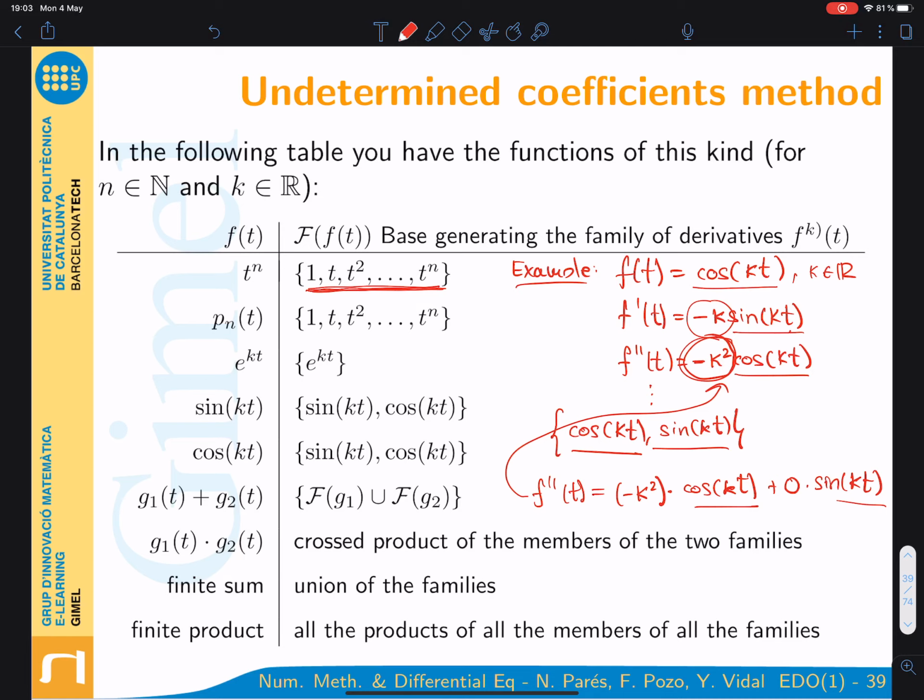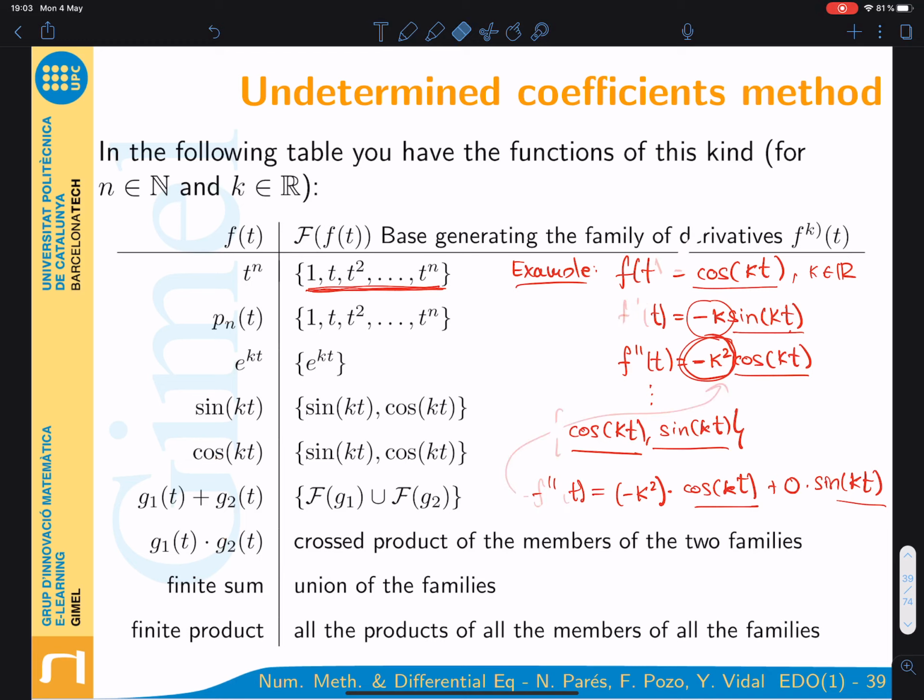Now, the only functions that have a finite family of derivatives are polynomials, exponentials, sine, and cosine. And also we can have the sum of any of these previous functions, or the product of any of the functions we have here.